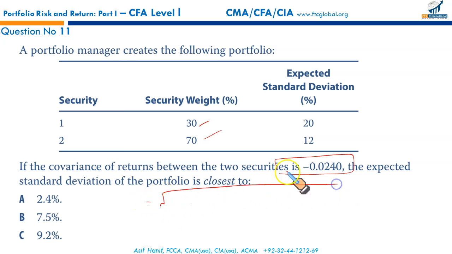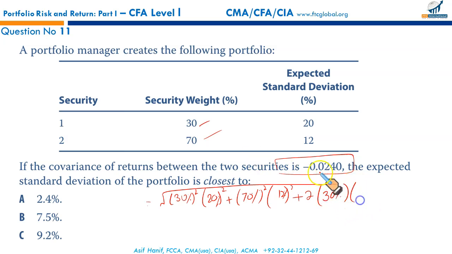Do the same thing. Weight squared times standard deviation squared plus weight squared times standard deviation squared plus 2 times weight of security 1 times weight of security 2 multiplied by the covariance, which is negative 0.0240.